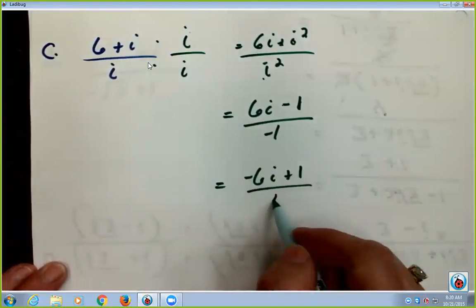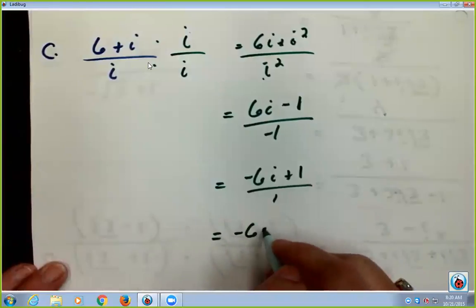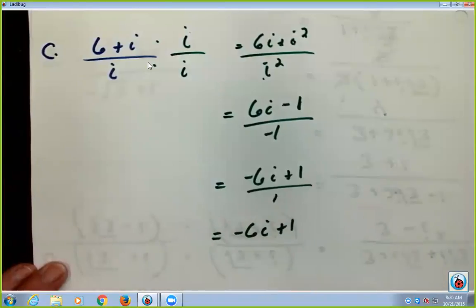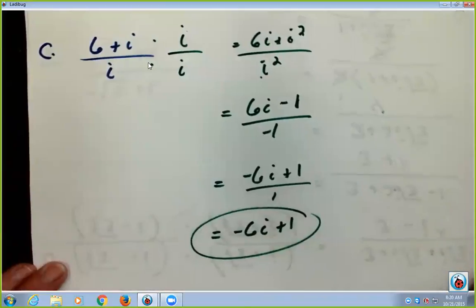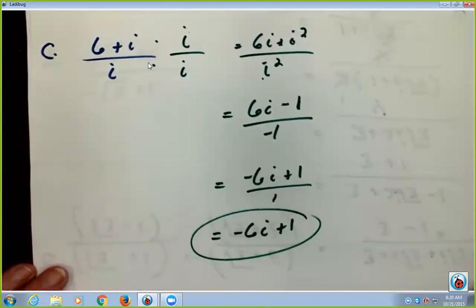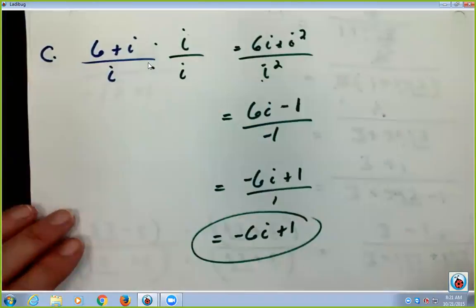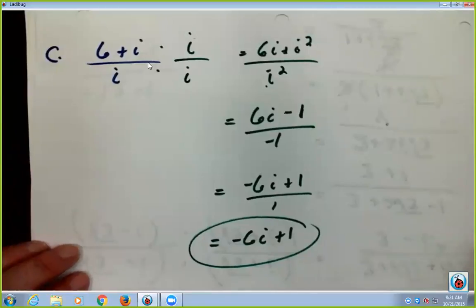And when that happens, there's a 1 on the bottom, but I don't need to have it there. I can get rid of that 1. Okay? So it does not have to be there. And so it's gone. So that becomes my answer for this one. Questions with that one? So the i that's in there is removed and it's not there to work with.